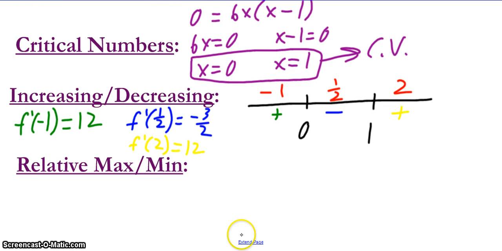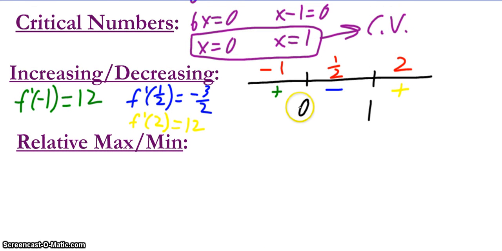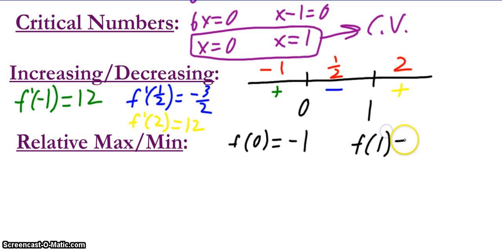Well, I know that at 0 is a relative maximum, and at 1 is a relative minimum. So now let's find what are those actual points. So f of 0 is -1, and f of 1 is -2.